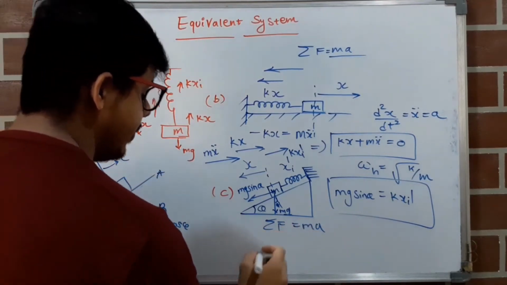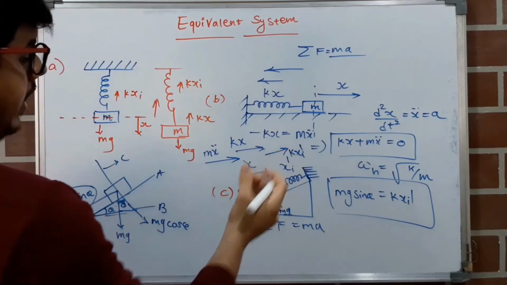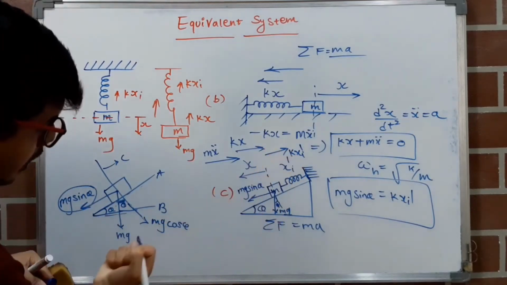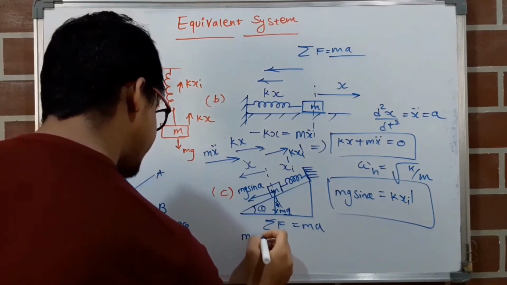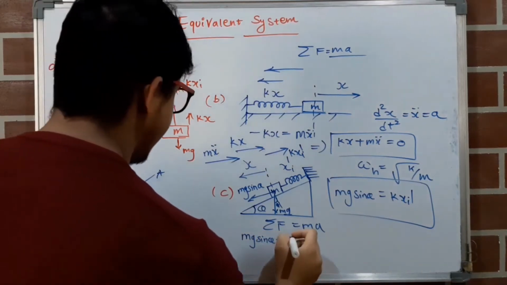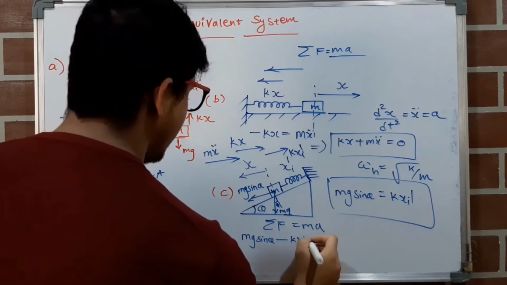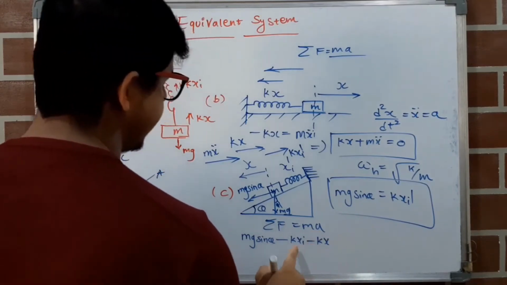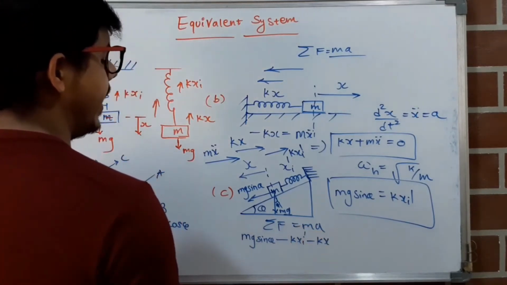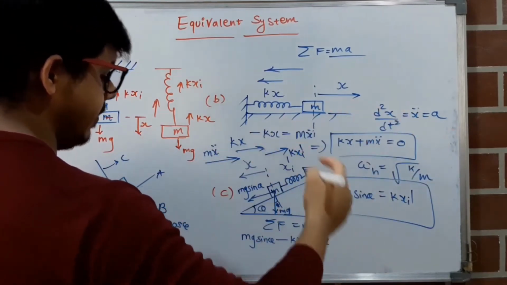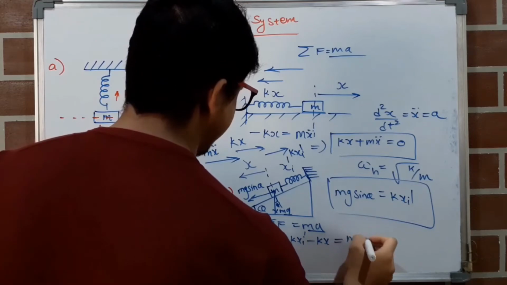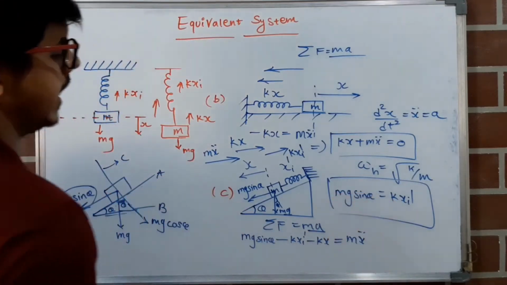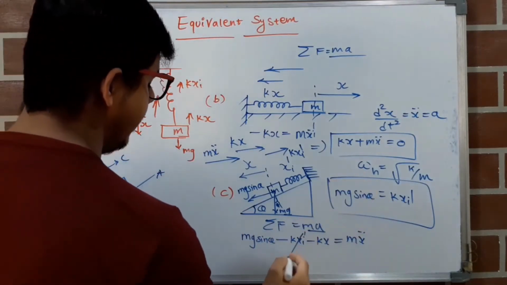So what are the forces? First, the forces which are in the direction of our pull, take them positive. So mg sin theta will be positive, minus k into xi dash will be negative, minus k into x, because k into xi dash and k into x are opposite to our displacement. So it is equal to the inertial force, that is m into x double dot. Now we know that mg sin theta is equal to k into xi dash, so we will cancel them.